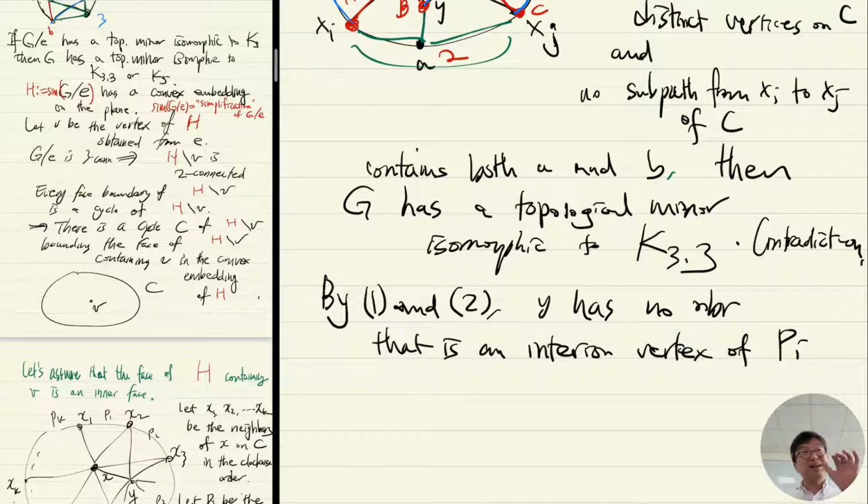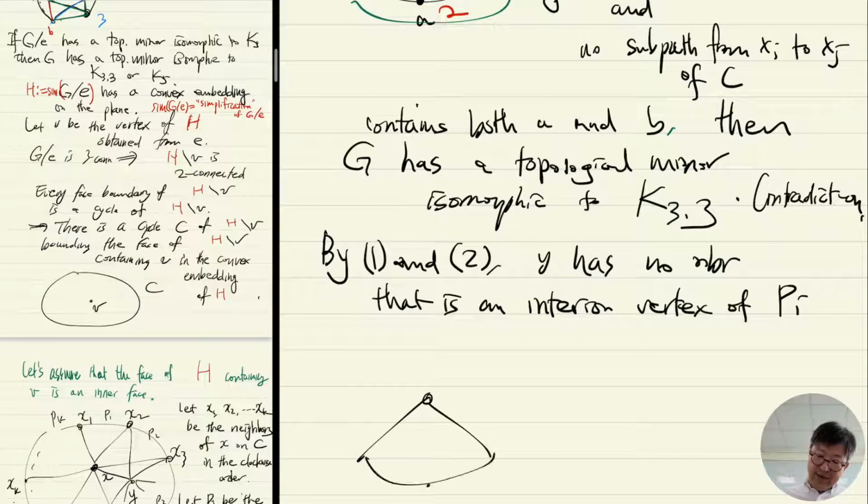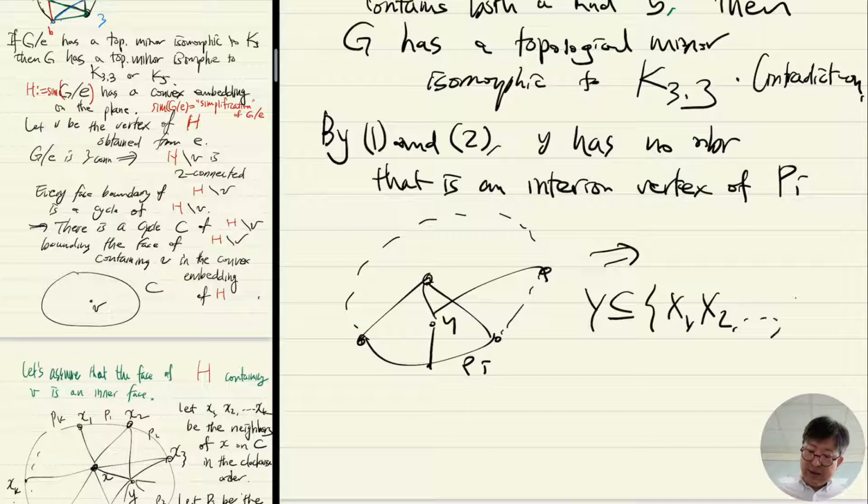Because Pi cannot contain all neighbors of y. But if this is Pi and it has another neighbor, then you already have a K33. So that means the neighbors of y are a subset of x1, x2, ..., xk. All right?